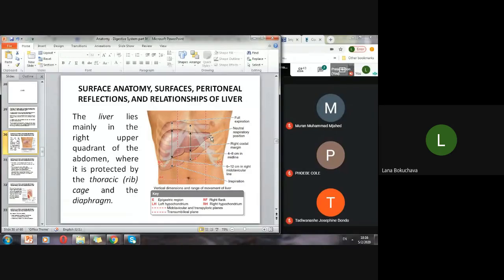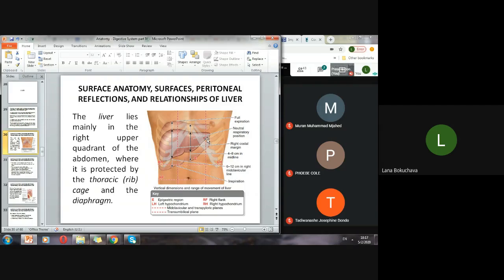Because it is localized in the upper regions, in the epigastrium and part of the hypochondria, it is in close proximity to the diaphragm.